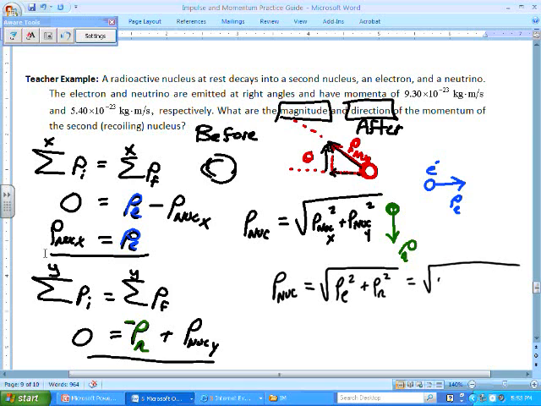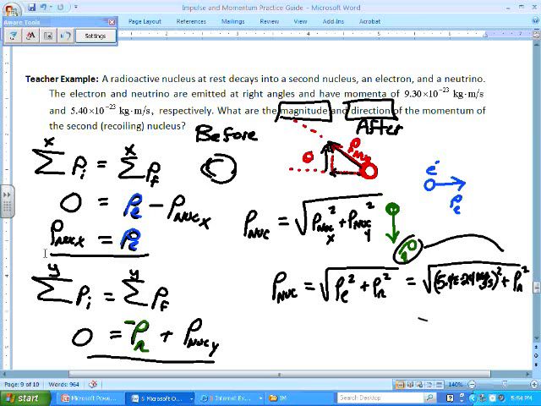So that's 5.4 times 10 to the negative 24th kilogram meters per second squared plus the momentum of the neutrino. I'm going to run out of room, but the value there was 9.3 times 10 to the negative 23rd kilogram meters per second squared.